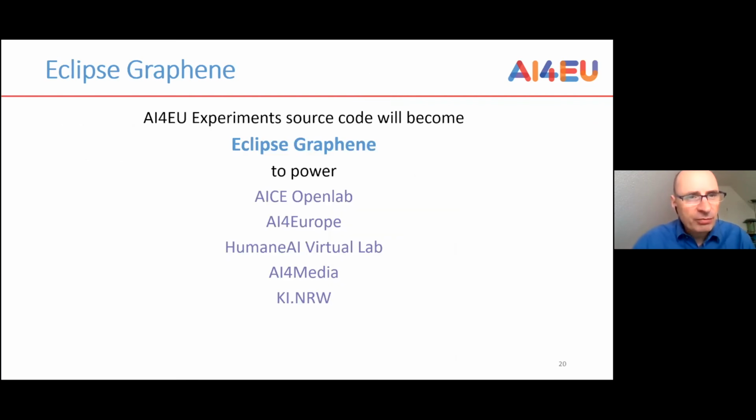We have already talked about it. The source code of AI for Experiments will become an Eclipse Graphene open source project. It was really an interesting coincidence that just as we were thinking in AI4EU about how to ensure sustainability and ensuring that it will stay open source, the Eclipse Foundation moved to Europe and was also setting up this working group in AI.